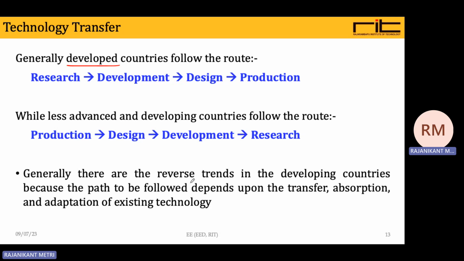So generally there is a reverse trend in the developing countries. It is exactly reverse. In developed countries: research, development, design, production. Whereas in developing countries: production, design, development, and research. That is a reverse trend, because the path to be followed depends upon the transfer, absorption, and adoption of existing technologies.